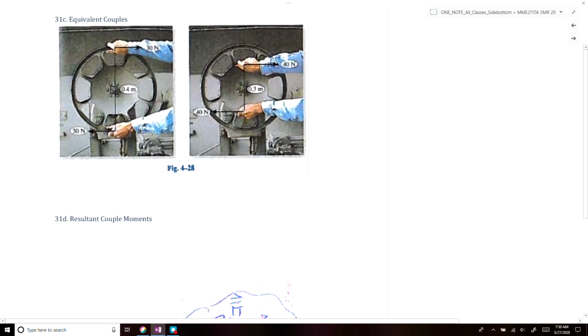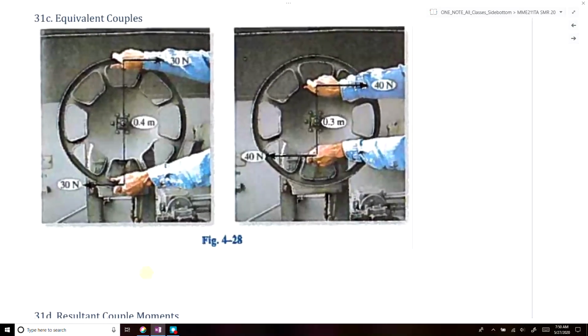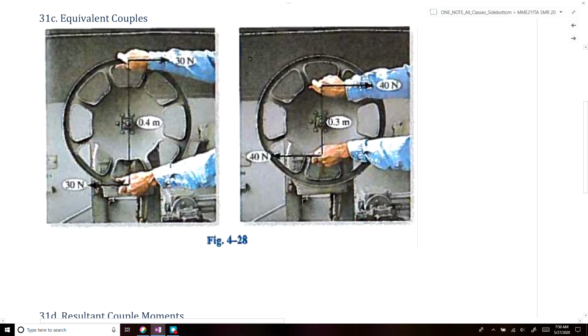In mechanical design, you can take advantage of longer lever arms. In this case, a man is trying to rotate this wheel, this valve stem, and depending on where he holds the valve stem, he has to apply more or less force in order to cause it to rotate.